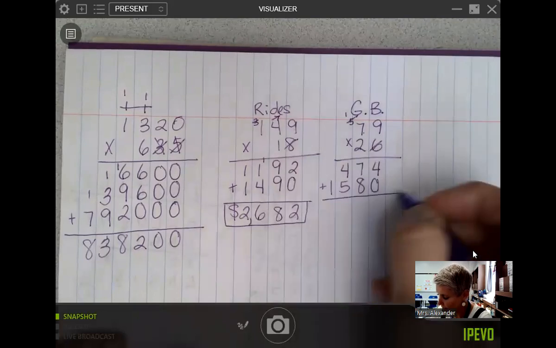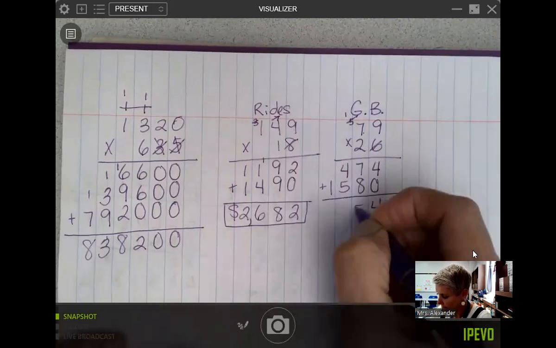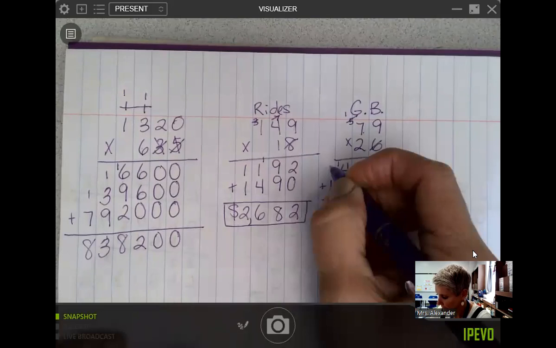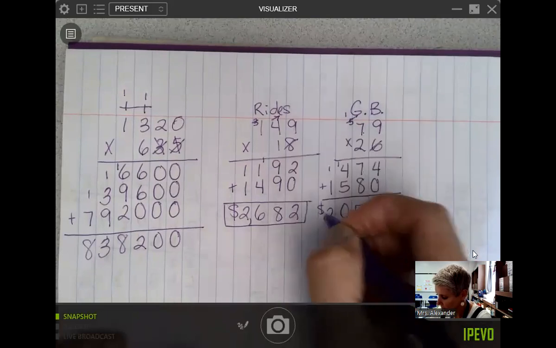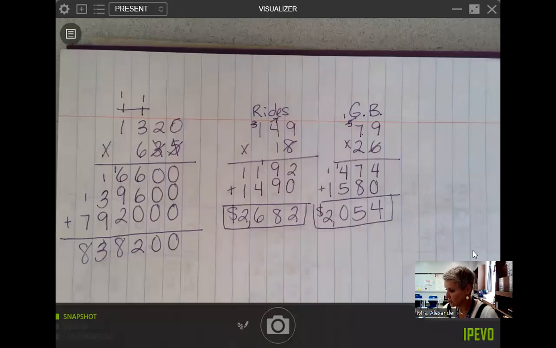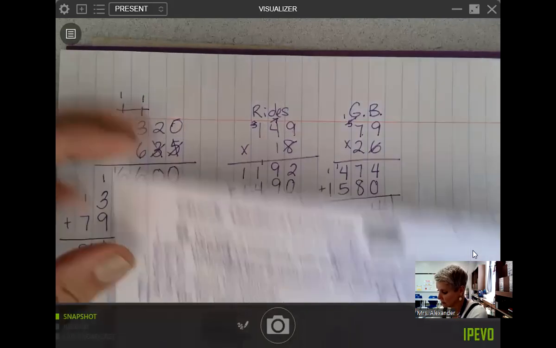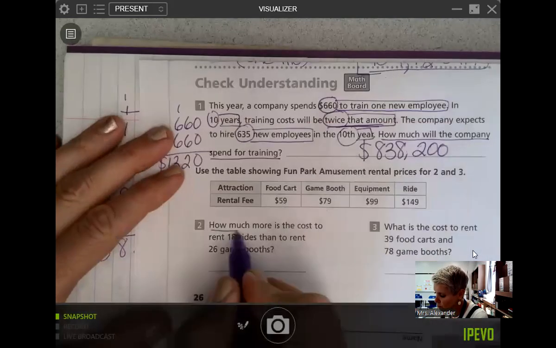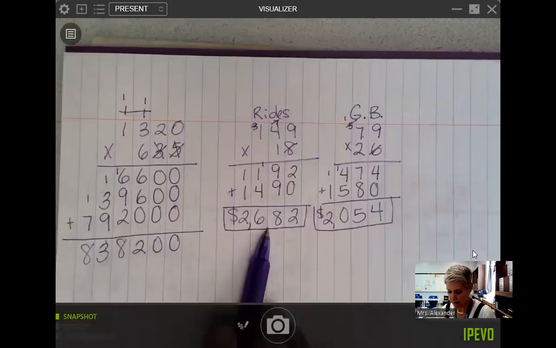Add your partial products. So to rent the game booths would be $2,054.